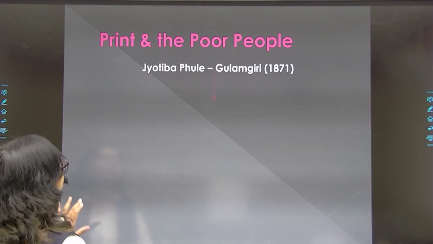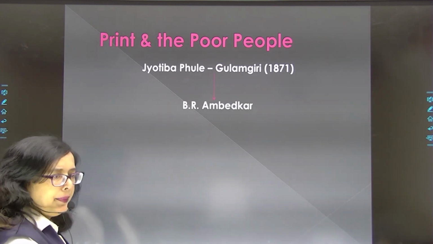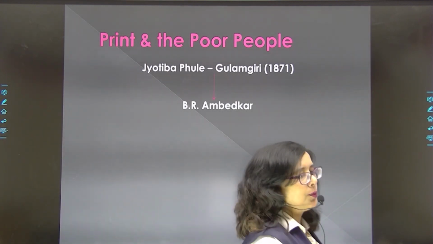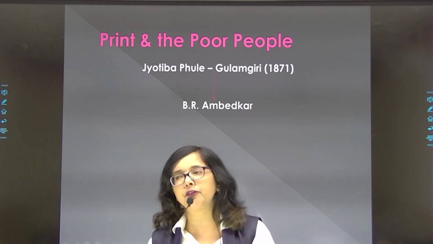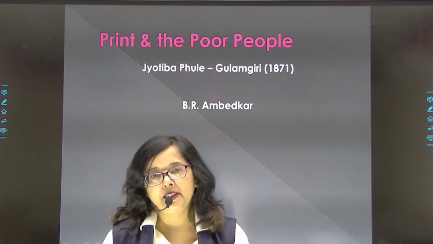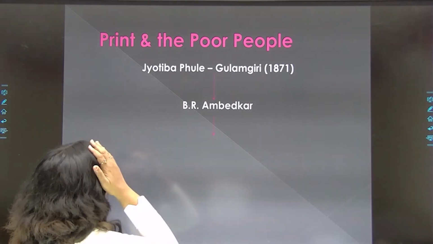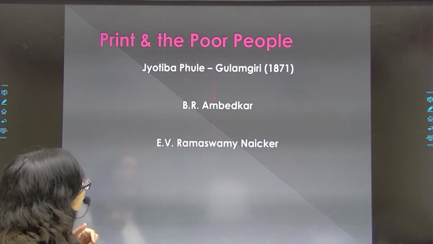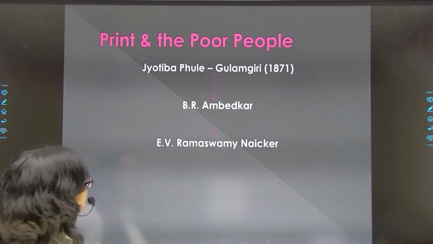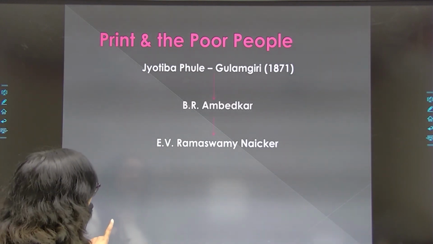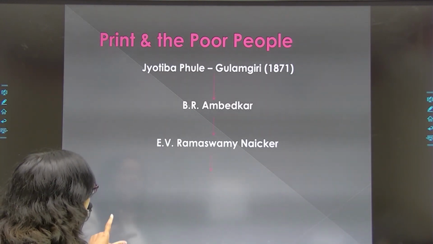Then we had others also like B.R. Ambedkar. I hope you know B.R. Ambedkar was from North India, and he was also a victim of caste discrimination in India. He also belonged to the untouchables, the low caste category, and he had also written a lot of articles related to caste discrimination. We have E.V. Ramaswamy Naicker, who wrote about caste discrimination.